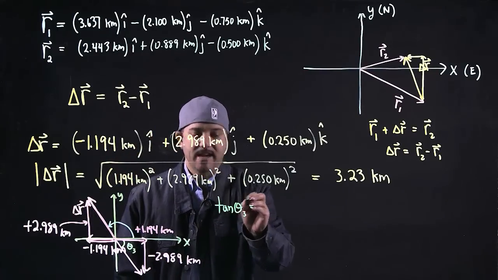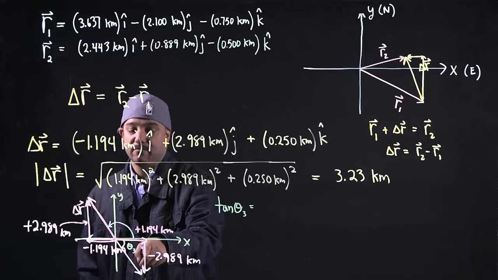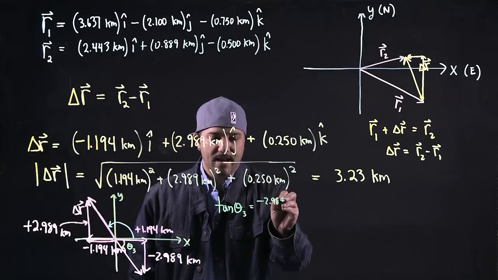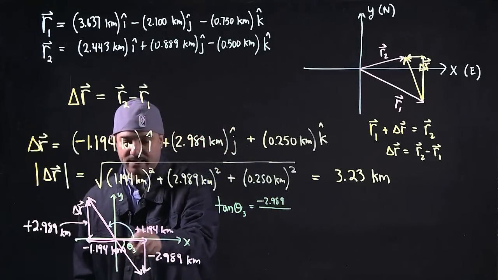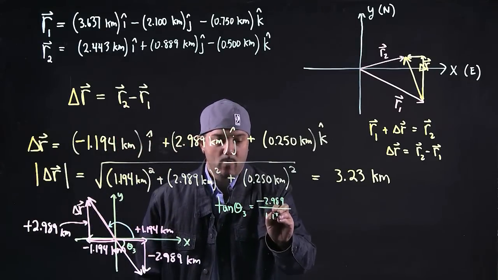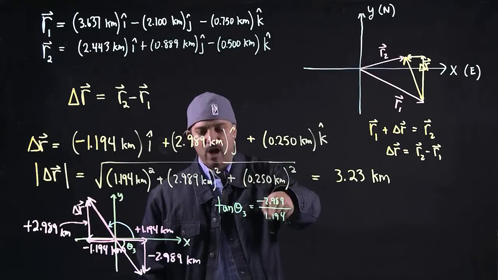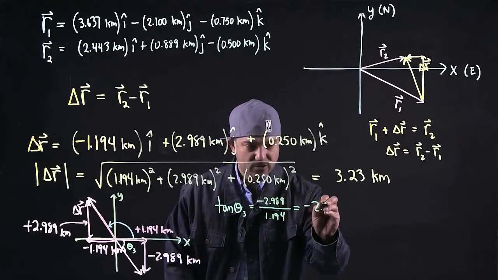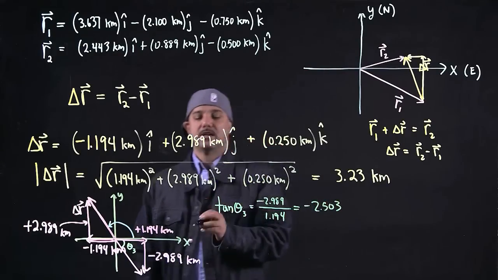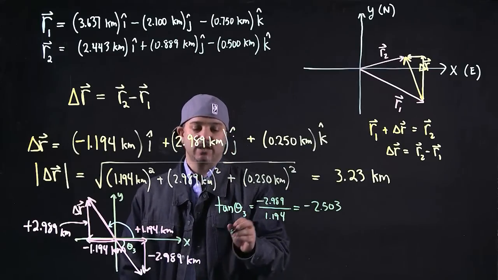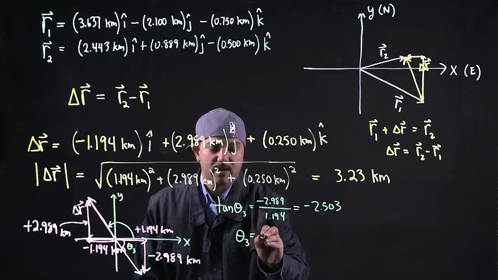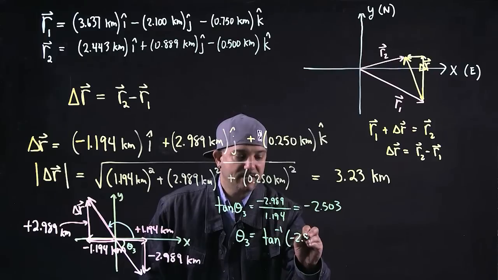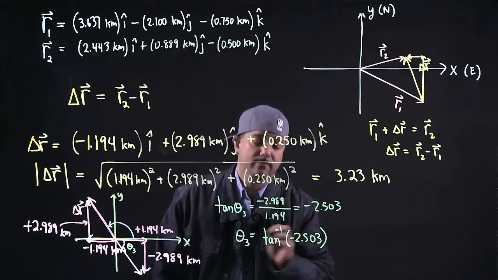The tangent of theta 3 is opposite over adjacent, so we want the opposite side, negative 2.989, divided by the adjacent side, 1.194. Both of them have kilometers, but the kilometers cancel out. And so this is negative 2.503. Taking the inverse tangent of both sides, theta 3 will be the inverse tangent of the quantity negative 2.503.